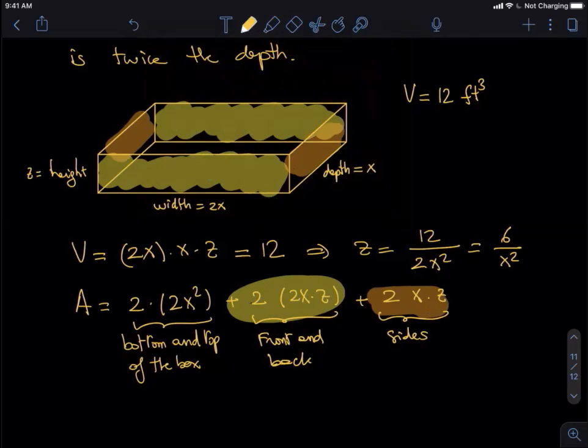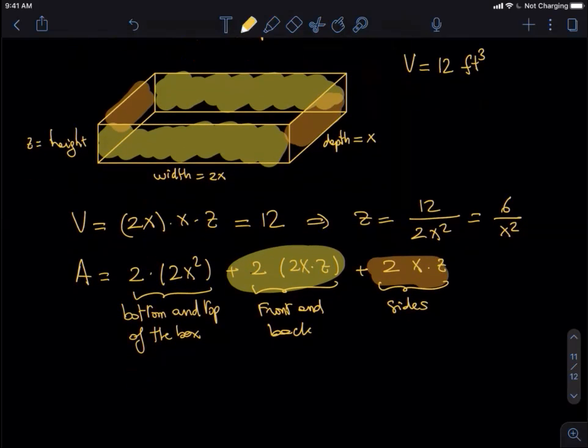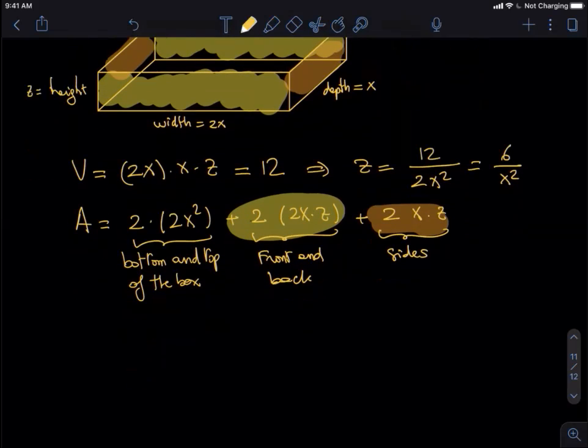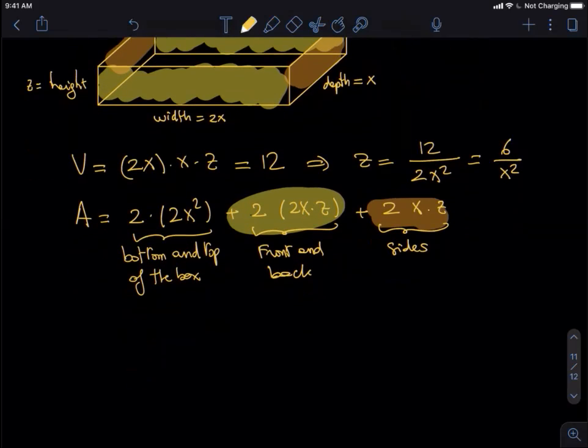All right, so with this information, let's see what we can do. The first thing I need to get rid of is the z. So this is 4x squared plus 4x times z, which is 6 over x squared, plus 2 times x times z, which is 6 over x squared.